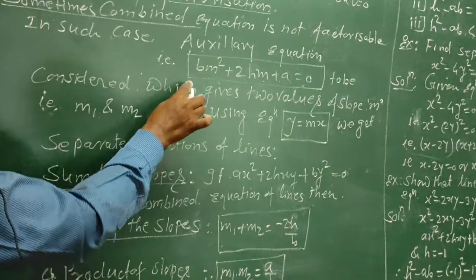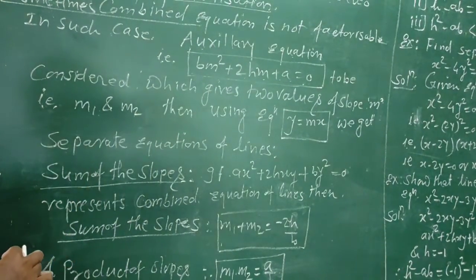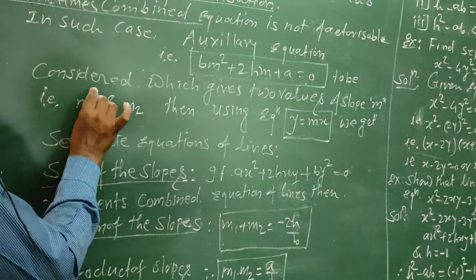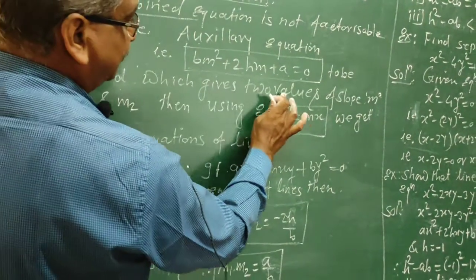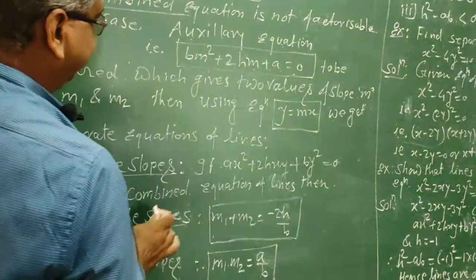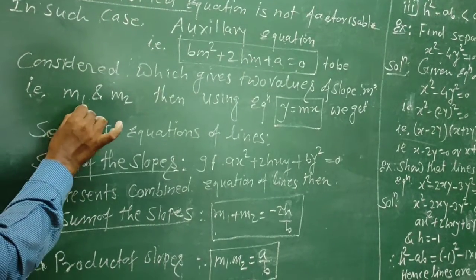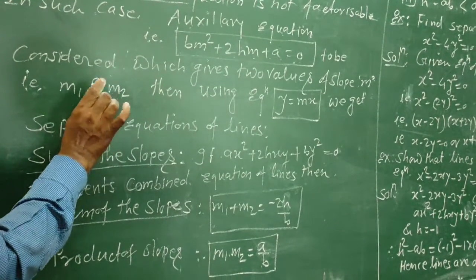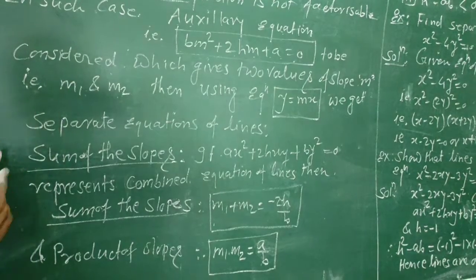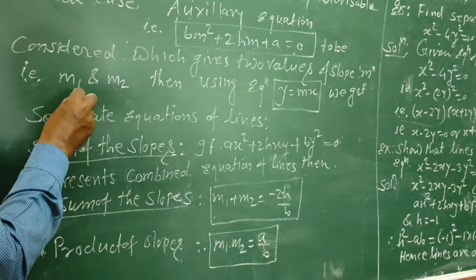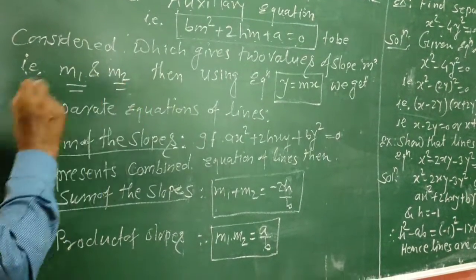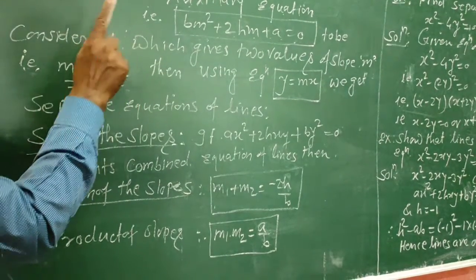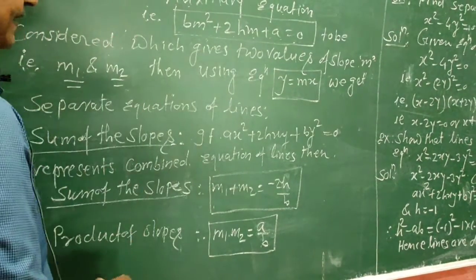So this is called the auxiliary equation. It gives the two values of the slope m, written as m1 and m2. As you want the separate equations from the pair, we need the two values of the slopes obtained from this auxiliary equation.